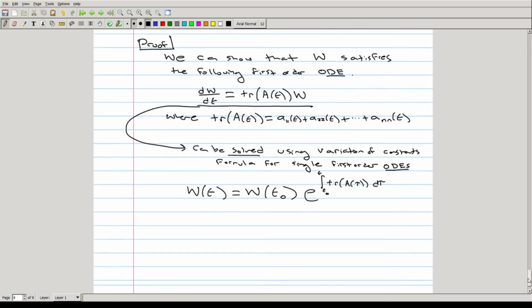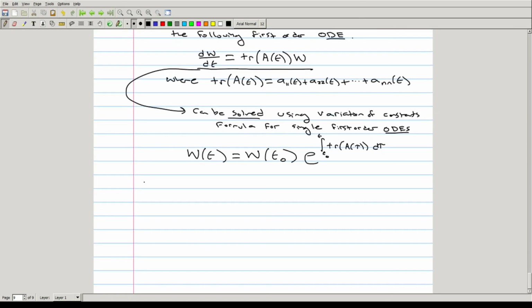This function is either always 0, if the Wronskian at t naught is 0, or always non-zero.